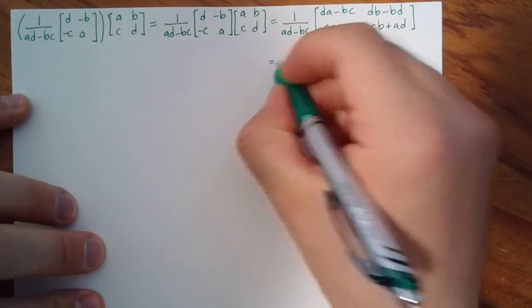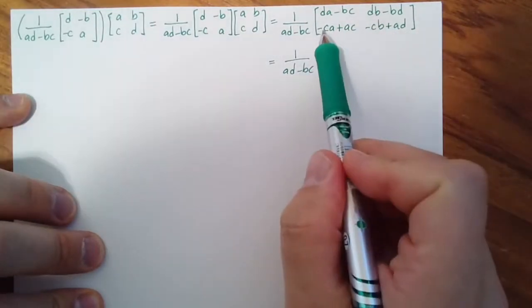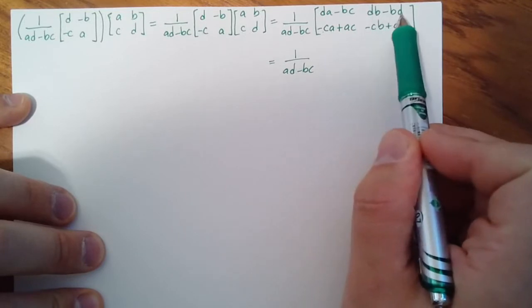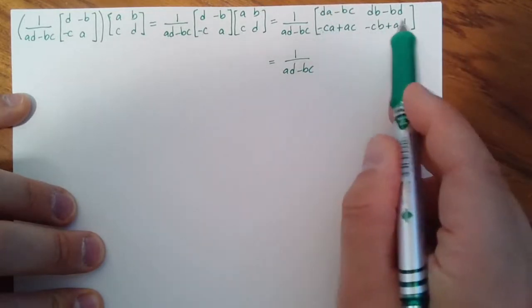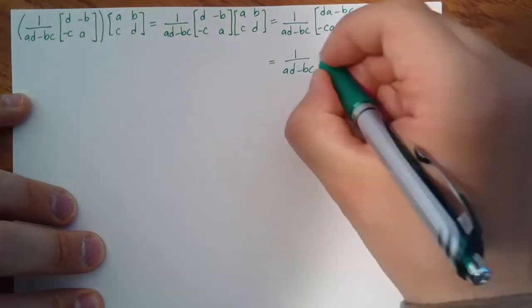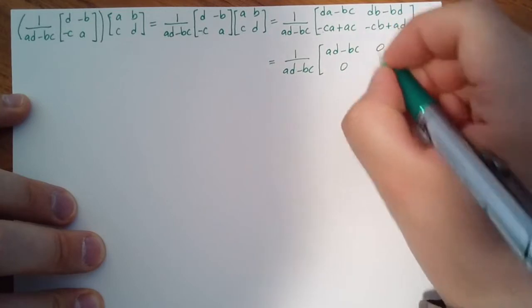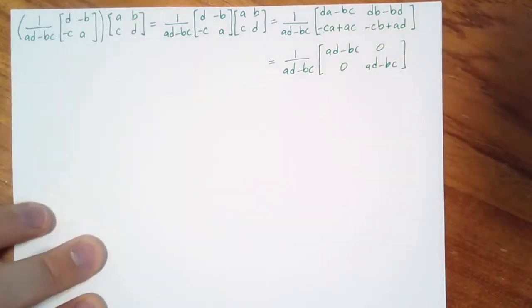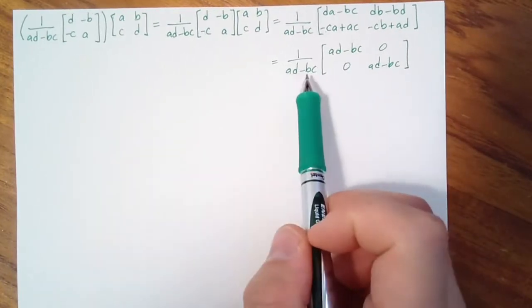And I'm going to take one more step just to clean things up a little bit. Because this term here, negative CA plus AC, is just 0. DB minus BD is 0 as well. And if I rearrange the products and terms a little so that they all look the same, I'll get this. I'll have AD minus BC, 0, 0, AD minus BC. So now, this is exactly what we had last time, and that's good because that's what we want.